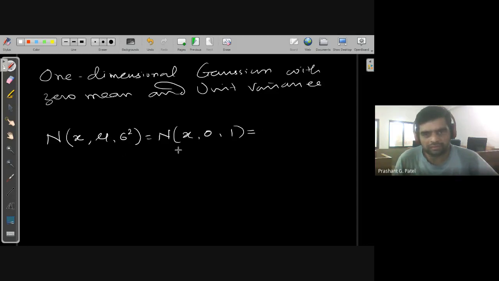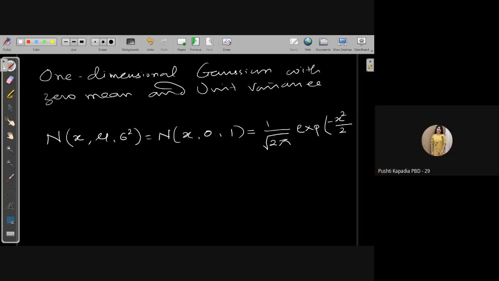So what will be this? 1 by the square root of 2 pi, exponential of minus x squared upon 2.